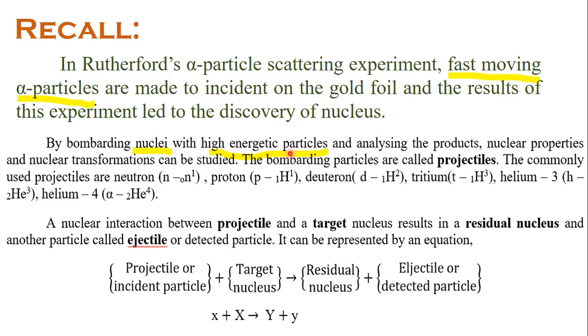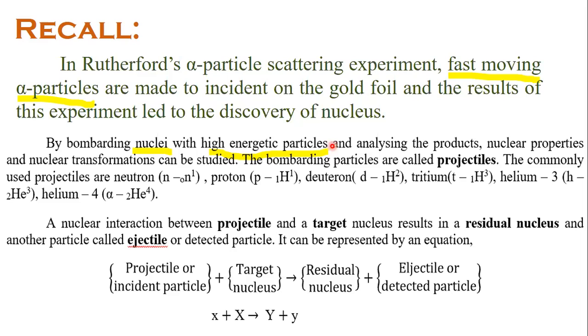Here, high energetic particles are required. These high energetic particles are made to bombard the nucleus, and by analyzing the products, we are going to get information about nuclear properties and nuclear transformation.